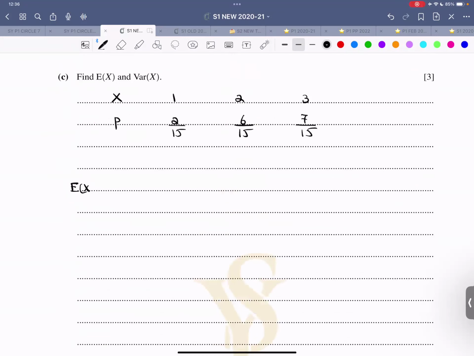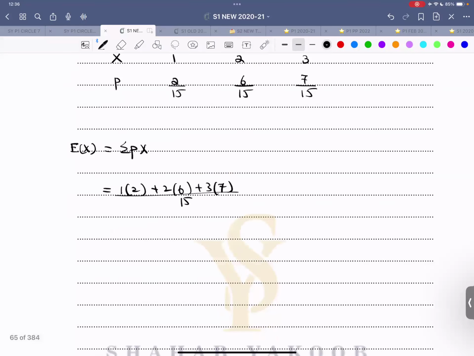Expectation of X, that is sigma Px, that is 1 into 2, 2 into 6, 3 into 7, and divide everything by 15 for making life easier for yourself and for the examiner. So 21 plus 2 is 23, 23 plus 12, that is 35. That is 35 over 15, leave it as it is.